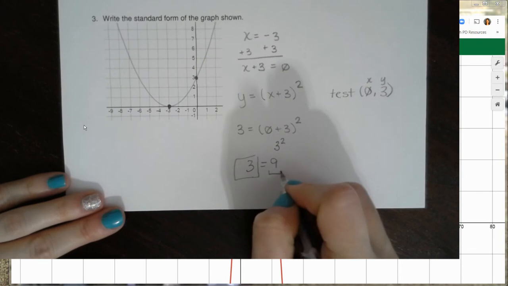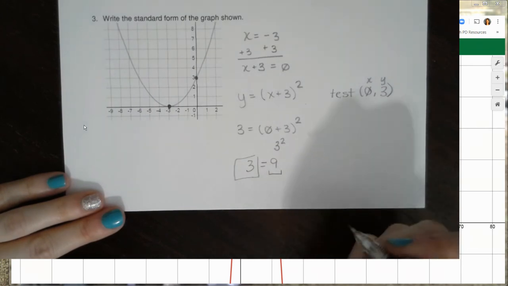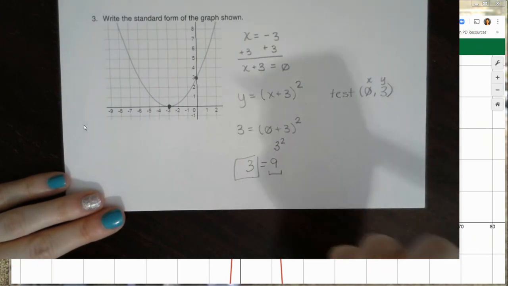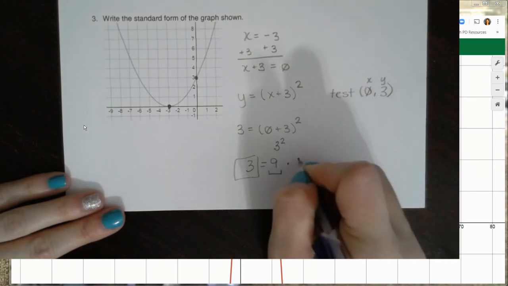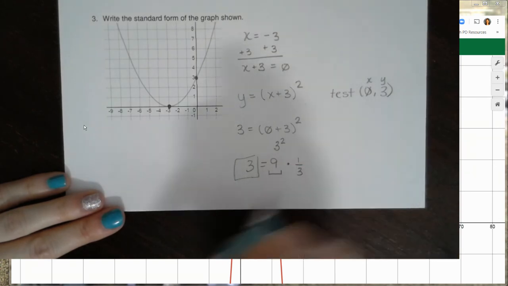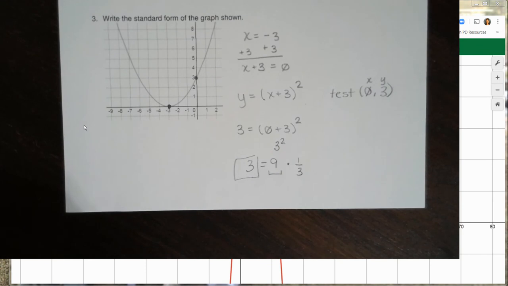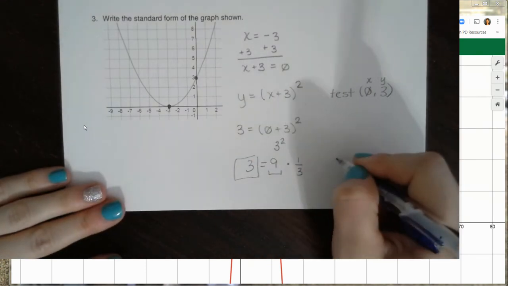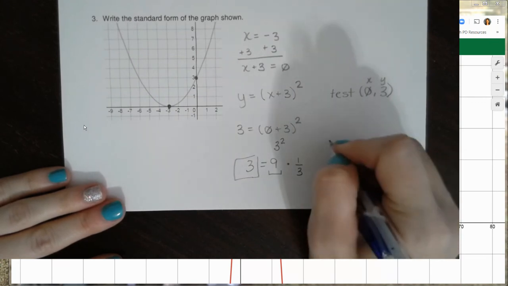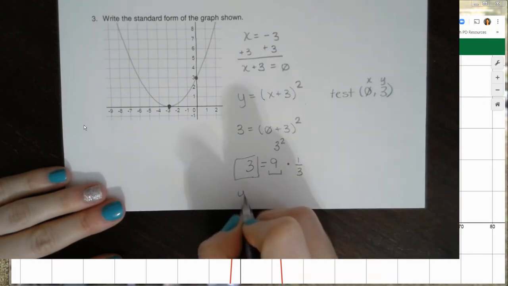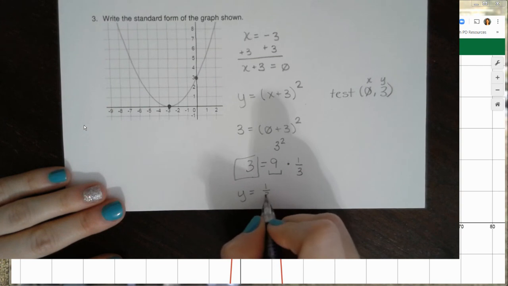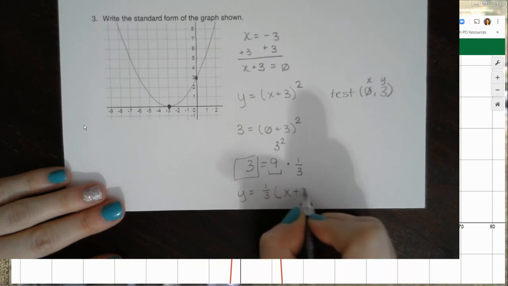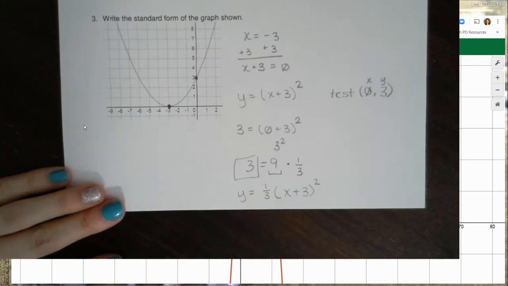So I have to tweak 9 to create 3. Well, in order to do that, I have to multiply by 1/3. So 1/3 becomes my coefficient in front of this factor. So I'll have y equals 1/3 times x plus 3 squared.